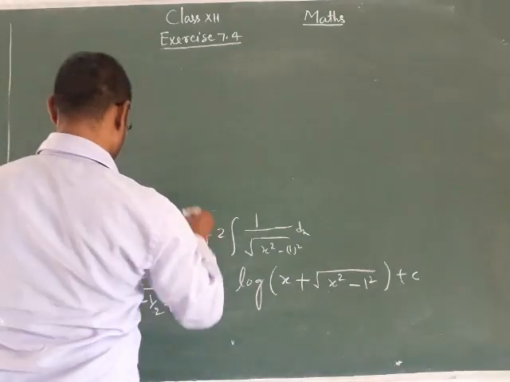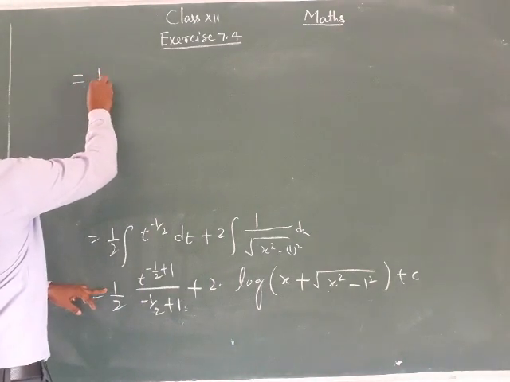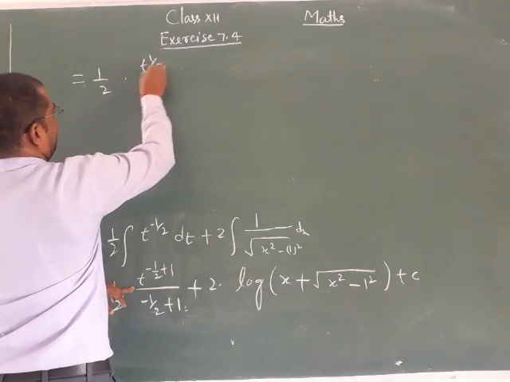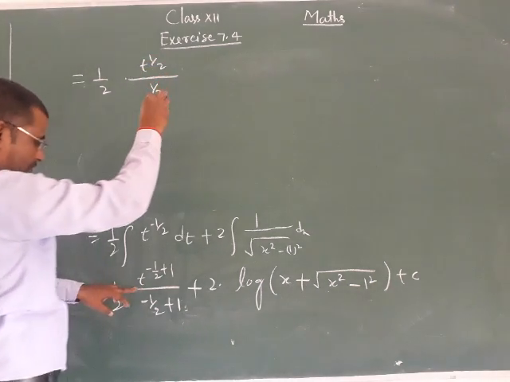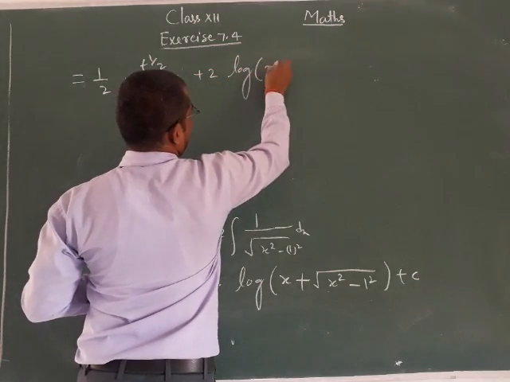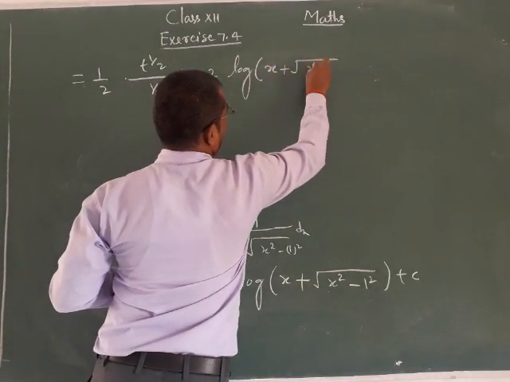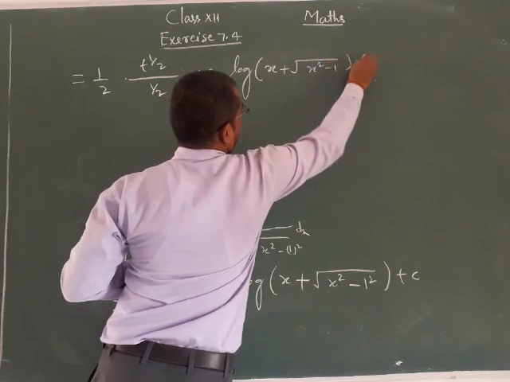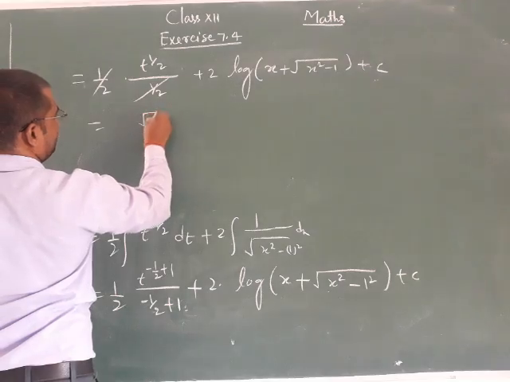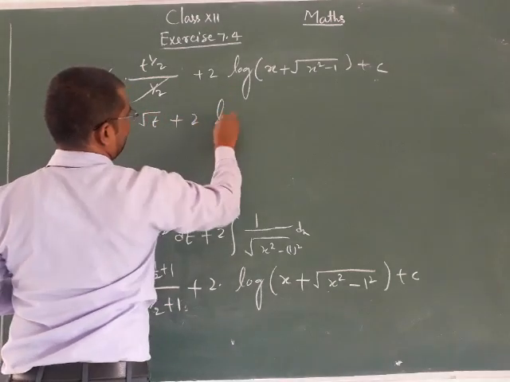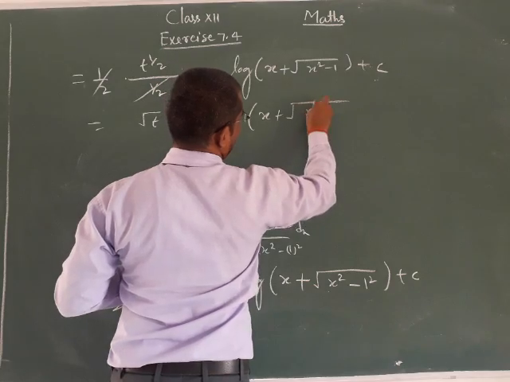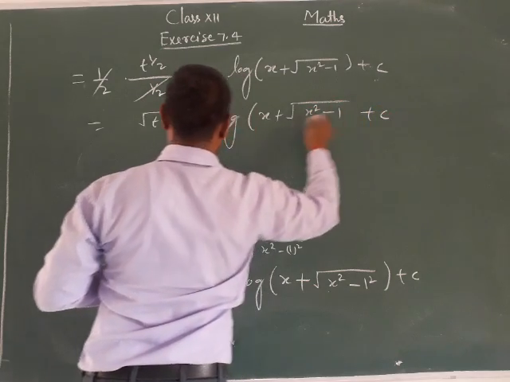We can write 1 upon 2 and t to the power 1 by 2 upon 1 by 2, plus 2 log of x plus root x square minus 1, plus c. Cancel out, root t plus 2 log of x plus root x square minus 1, plus c.